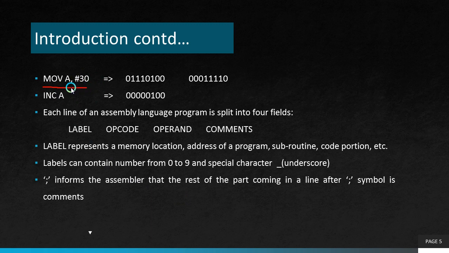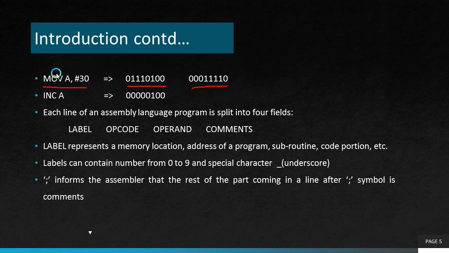Here, MOV A is the opcode or mnemonic. #30 defines the immediate value 30. A is the accumulator. This instruction instructs to move the value 30 into accumulator A. The same instruction when written in machine language will look like this.